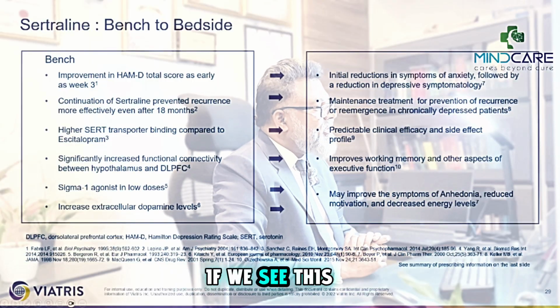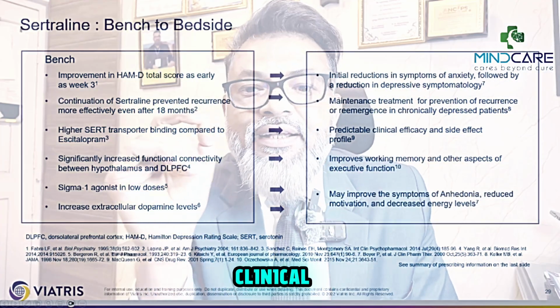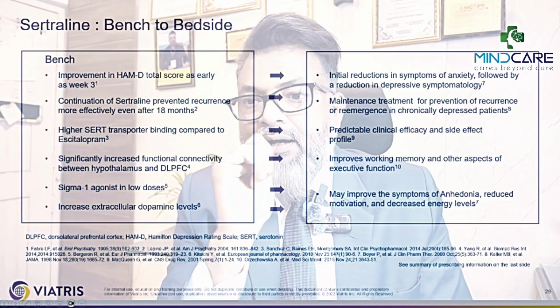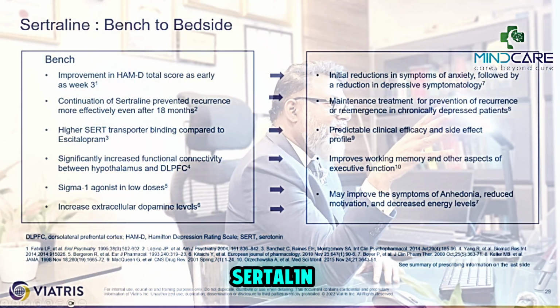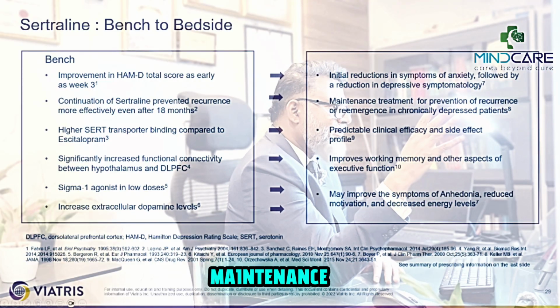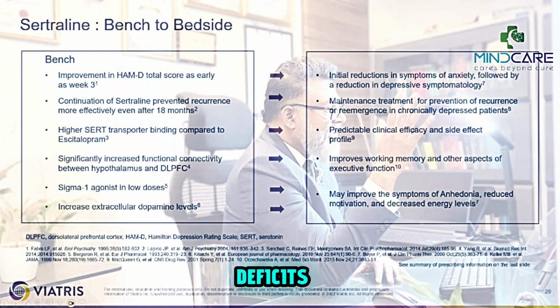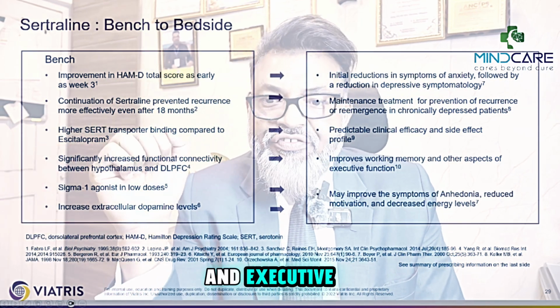On the bedside, this mechanism translates into predictable clinical efficacy and tolerability. Clinically, the patient can often experience early anxiety reduction followed by mood improvement. Sertraline has robust evidence for maintenance therapy and chronic depression, supporting long-term use. Cognitive deficits are also improved, including working memory and executive functioning.